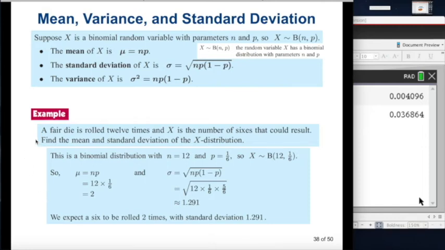This means when a fair die is rolled 12 times, we expect a 6 to be rolled 2 times with standard deviation 1.291.